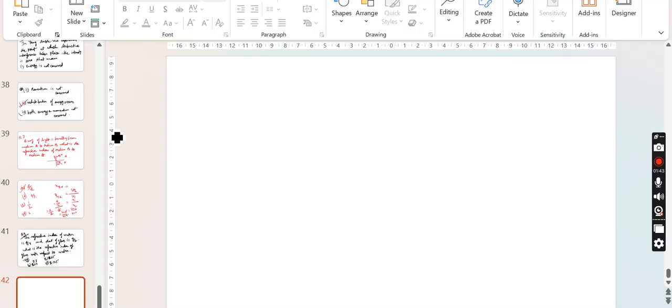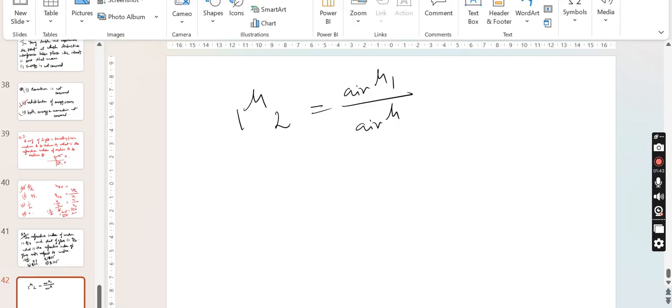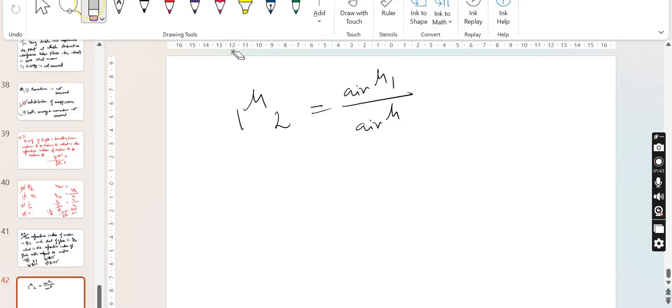So basically, mu 1 2 can be written as mu 1 air divided by mu 2 air. So here mu water glass.